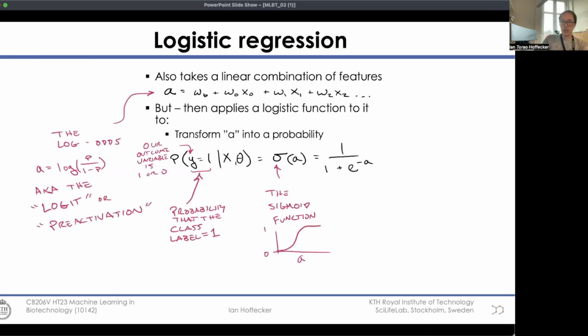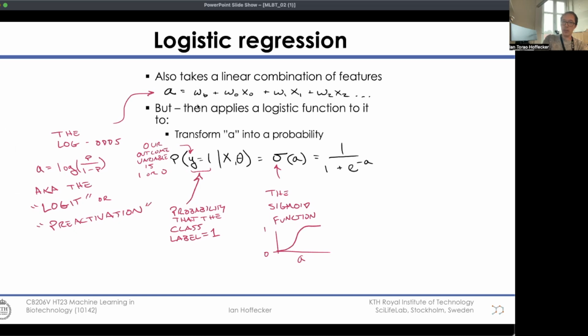And so the idea here is to tackle the logistic regression classifier. And it starts out very similar to linear regression. So we're going to start out with this linear combination of features or terms. So a summation of terms where we have our input variables here, x0, x1, x2, and they're multiplied by weights, weight 0, weight 1, weight 2.